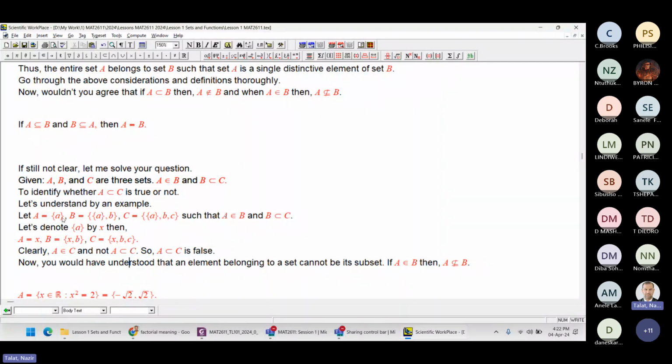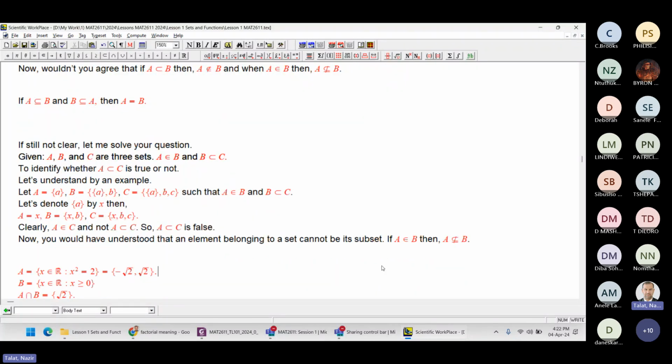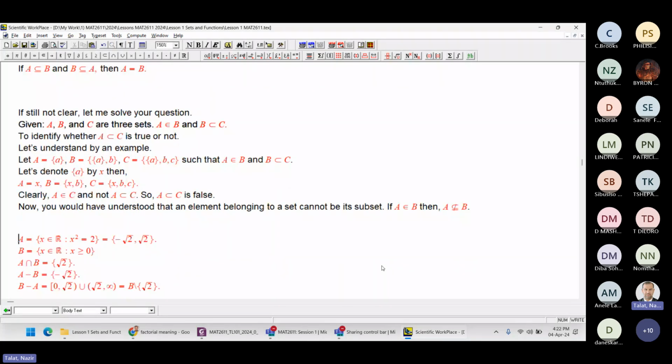So the statement that A is a proper subset of C is false in that case. Now you can understand that an element belonging to the set cannot be a subset of it. So here one can verify that if A belongs to B, then A is not a proper subset of B.